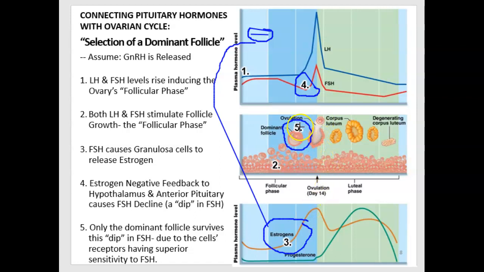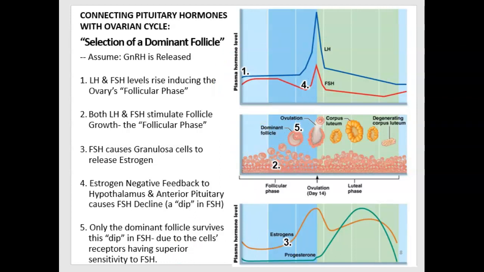The reason follicle number 5 has become dominant is that it happens to have the best receptors for follicle stimulating hormone, meaning those cells are most sensitive to estrogen. They can detect even low levels of estrogen, so that follicle will continue to develop and grow. The rest of them will undergo atresia and eventually die.